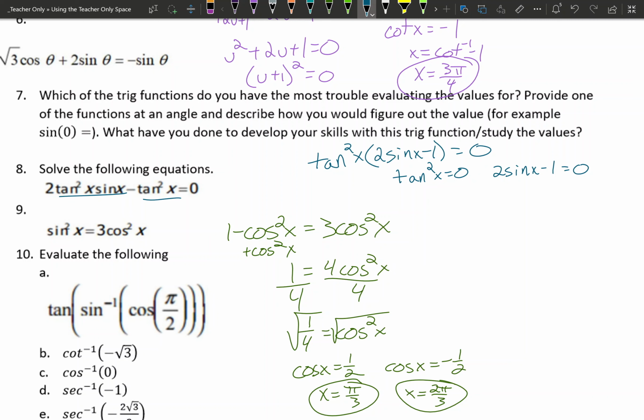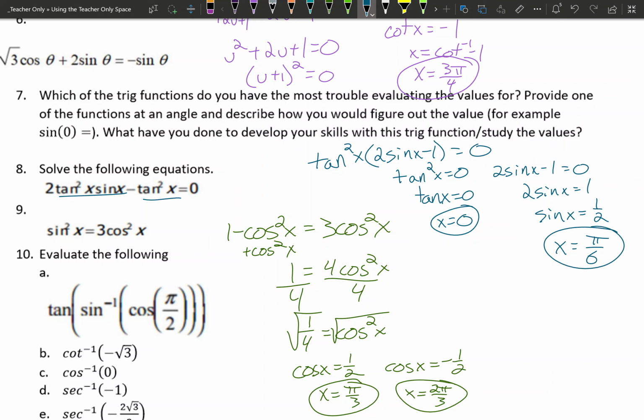For the tangent, we'll take the square root of both sides. Tangent of x is equal to 0 when x equals 0. And then we'll add 1. We'll divide by 2. And sine of x is equal to 1/2 when x is equal to pi over 6.